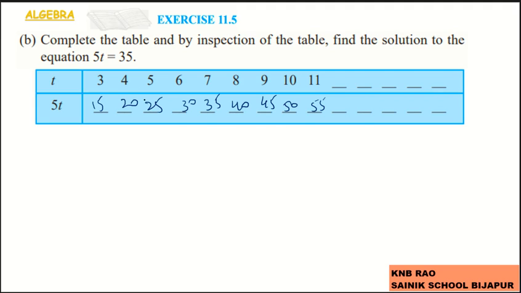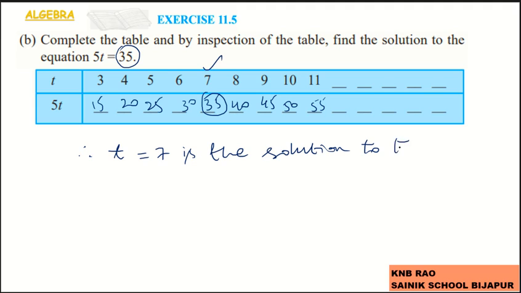You can do it, but out of them here right hand side 35 we got when t equals to 7 giving you 5t as 35, then left hand side value equals to right hand side value. Therefore, we say t equals to 7 is the solution to the equation 5t equals to 35.